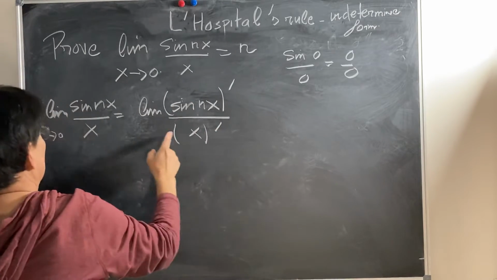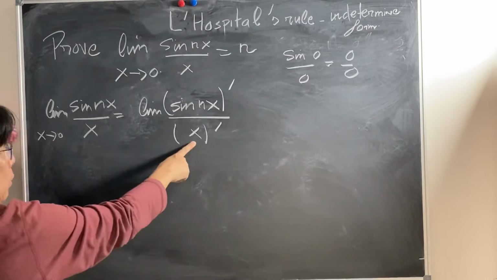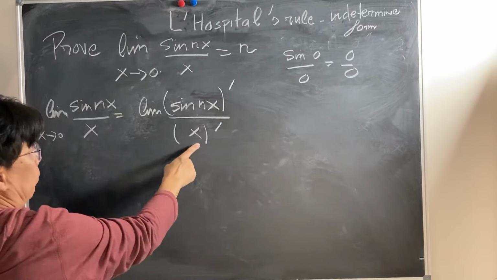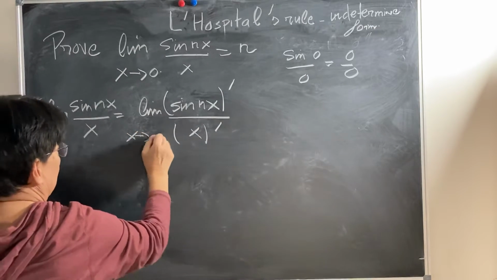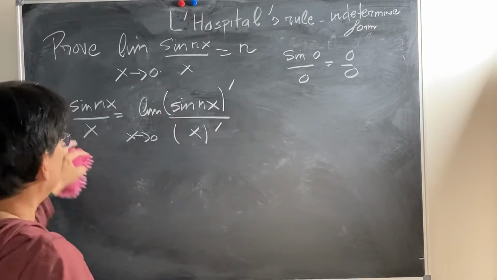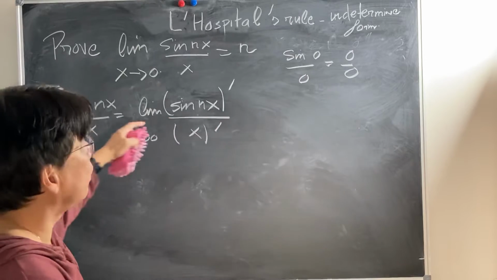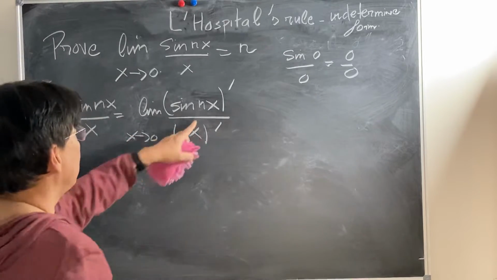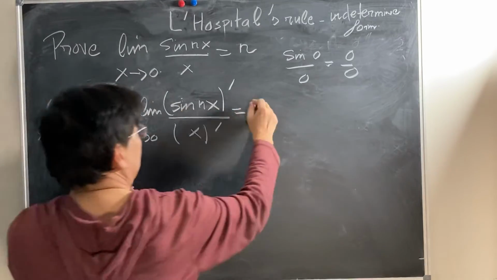The point of the derivative is to try to get rid of the indeterminate form, to get rid of the 0 at the bottom. The point of L'Hopital's rule is to get rid of that form, because that's an undecided, indeterminate form.